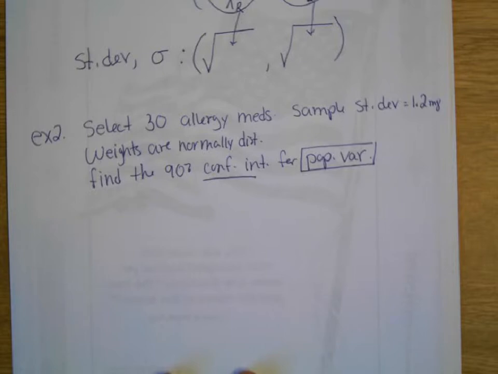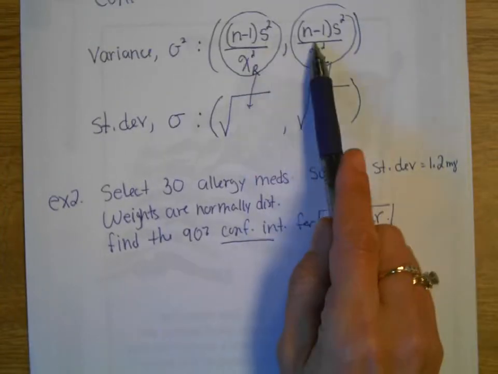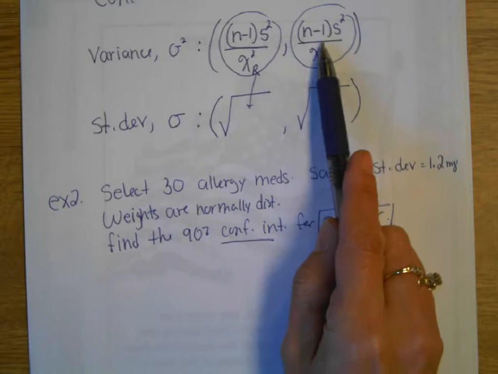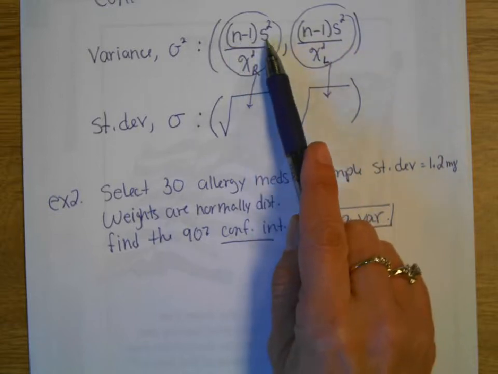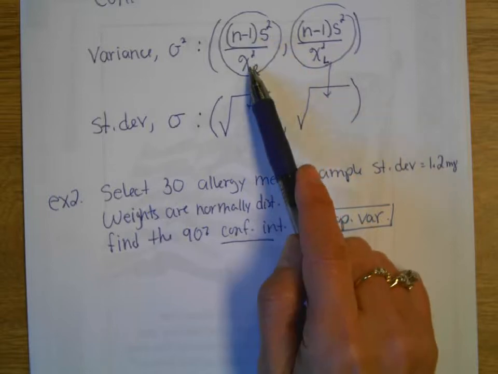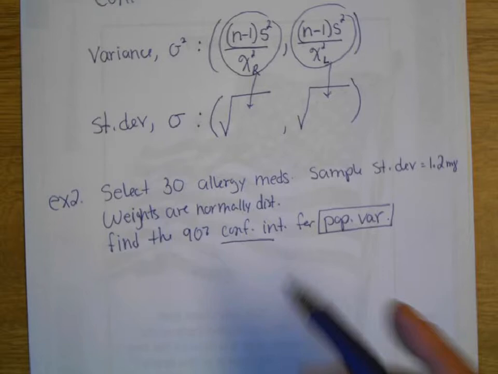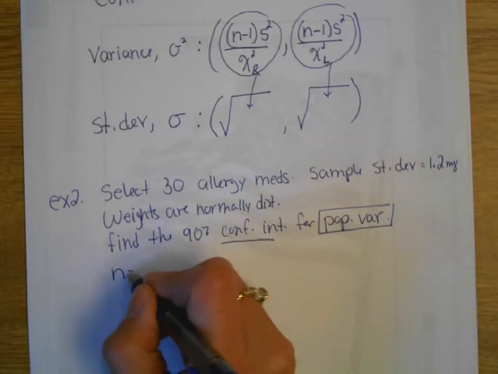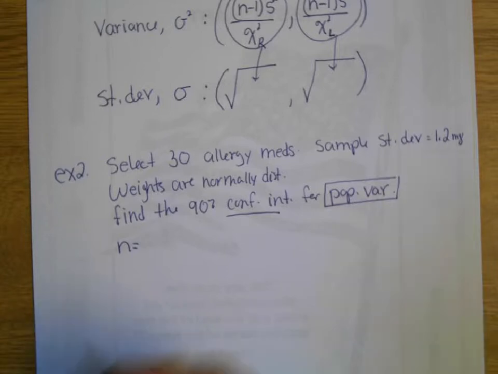That's the key. So now all I've got to do is plug into these two formulas here. So I need to know what n is, I need to know what s squared is, and I need to know the two values from the table. So let's see if we can just identify those things off to the side. What is my sample size? 30.